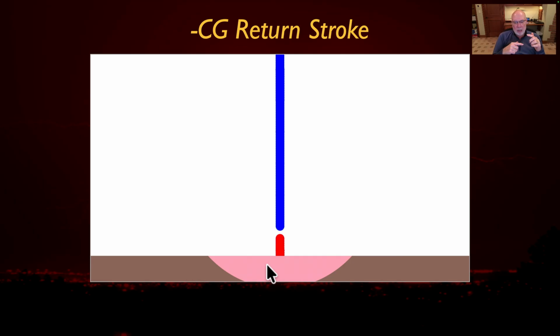And when that distance is decreased, the electric field increases, and then any kind of elevated objects on the ground will also have an additional enhancement of the electric field due to their shape, and that causes an upward positive leader to reach up and make a connection with that downward propagating negative leader.